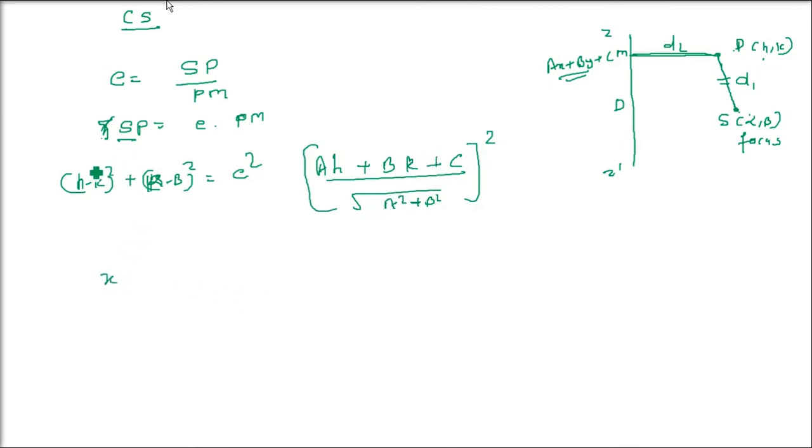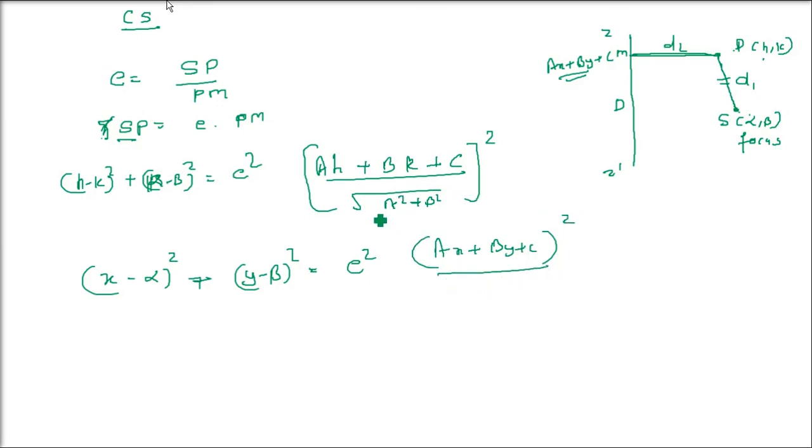When we try to find the locus, we replace h, k by x, y. So x minus alpha whole square plus y minus beta whole square equals e square into (ax plus by plus c) whole square by a square plus b square. So this is the general equation of a conic section.